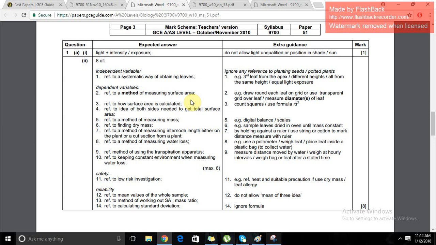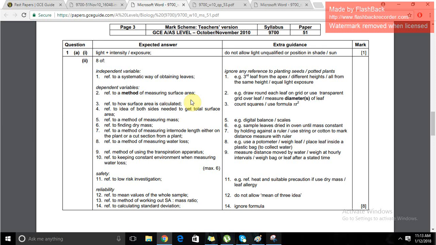A reference to a systematic way of obtaining the leaves, and ignore any reference to planting seeds or potted plants. We don't want to go that far back. So for example, third leaf from the apex, all from the same height, or all that have equivalent exposure, or we basically choose them from different heights.